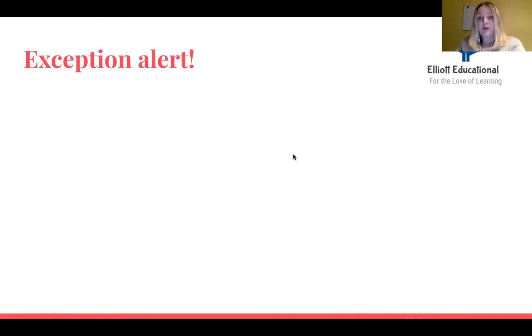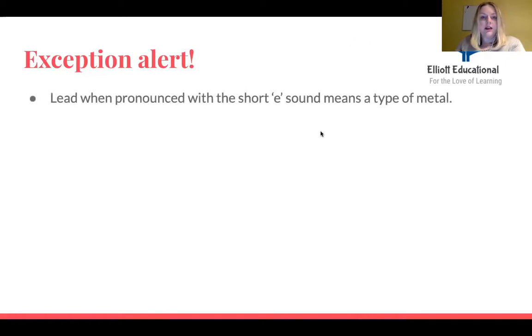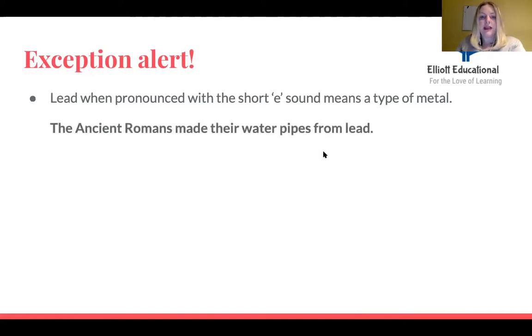However, as is common with English, there are lots of exceptions to this. So, for example, lead, in this instance, when it's pronounced with this short E sound, is the word for a type of metal. So, for example, if I use that in a sentence, the ancient Romans made their water pipes from lead.